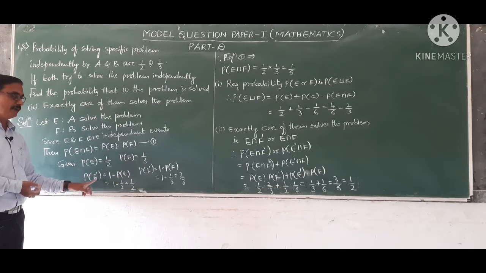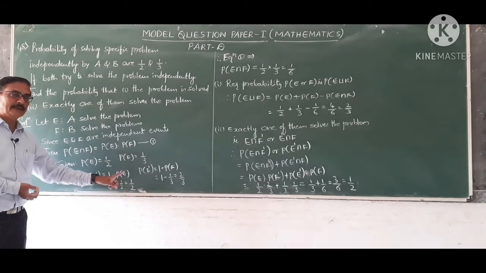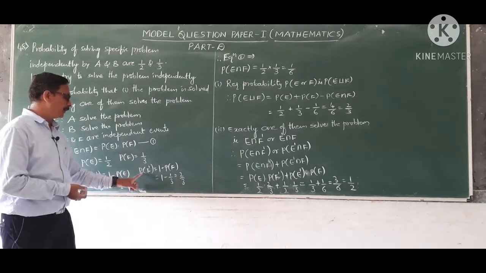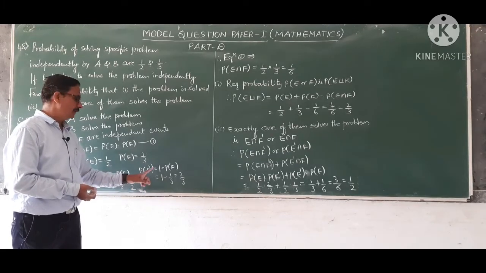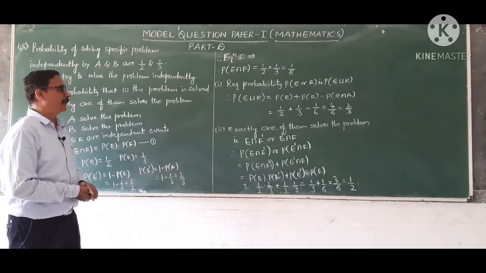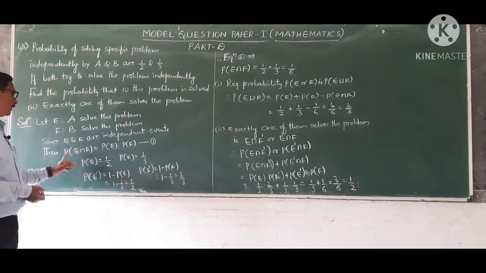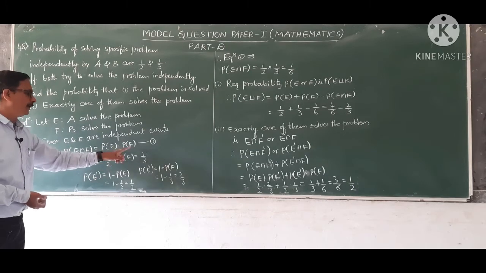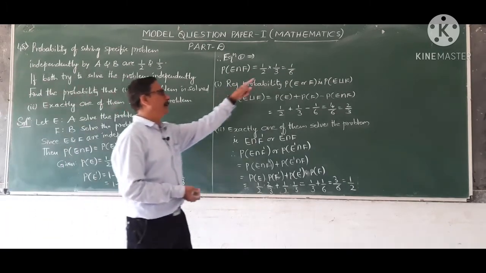Probability of E dash is equal to, you know the formula, 1 minus P of E, 1 minus 1 by 2, that is 1 by 2. Similarly, probability of F dash, not F, that is 1 minus P of F, 1 minus 1 by 3, that is 2 by 3. Now therefore equation 1 gives P of E intersection F is equal to P of E, 1 by 2, P of F, 1 by 3, that is 1 by 6.